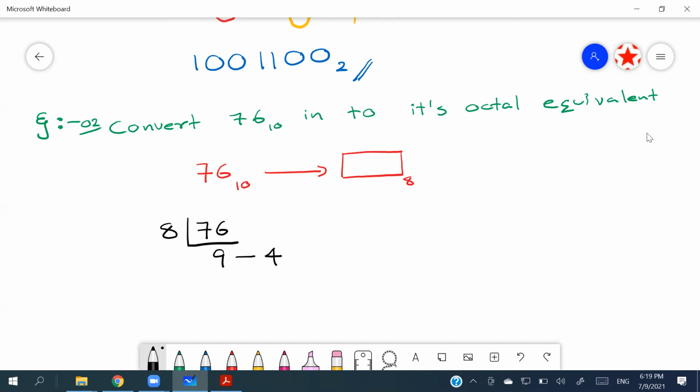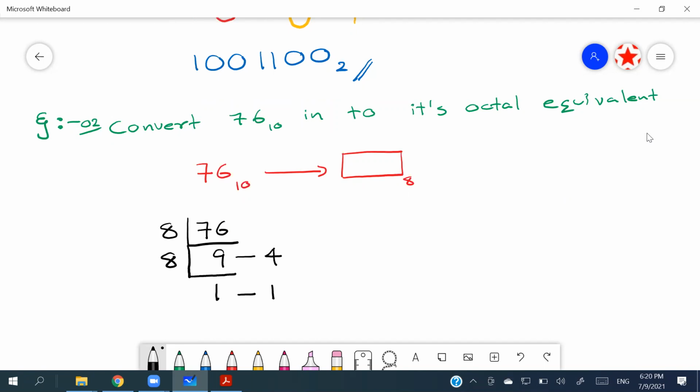Are we done with division? Not yet, because the answer is 9, which is not less than 8. So we divide it by 8 again, because we have to divide until we receive something less than 8 as the answer. So here we are receiving something less than 8, which means 1, and 1 is remaining.